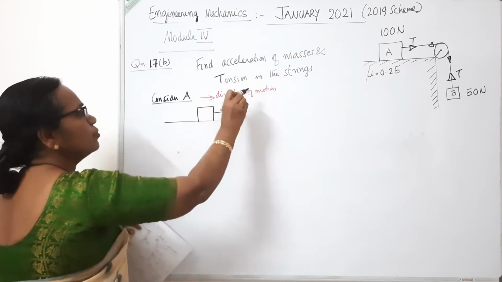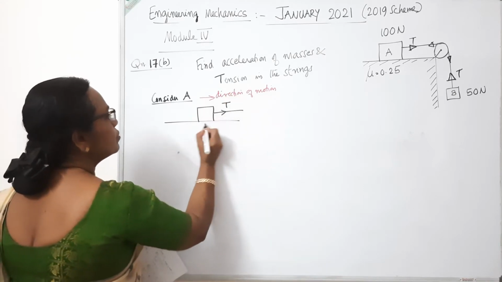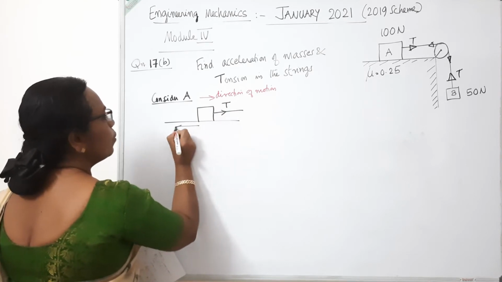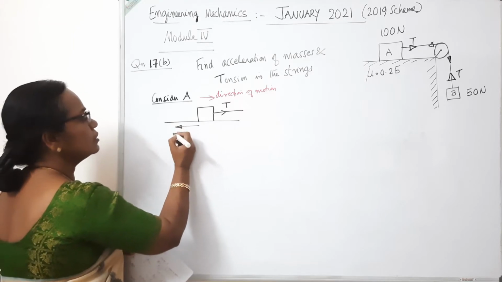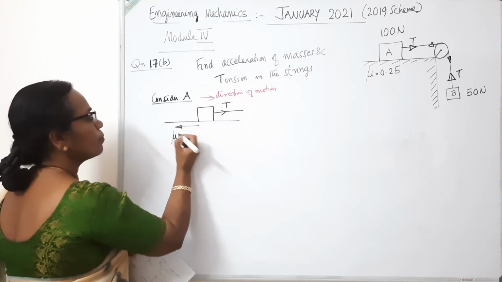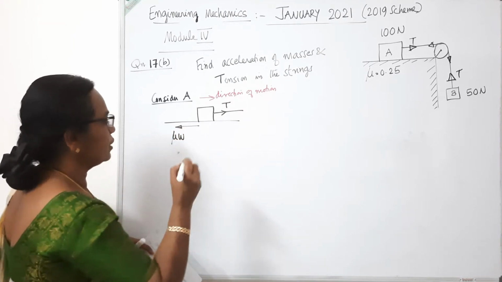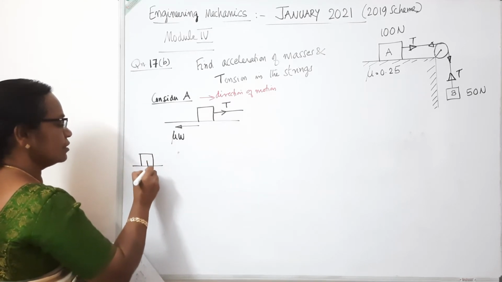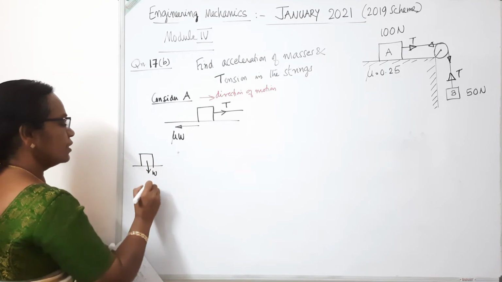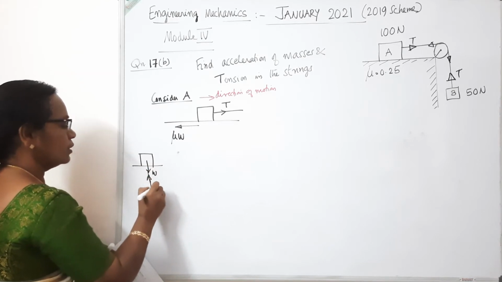Once it moves towards right, the frictional force will be acting opposite to the direction of motion. Frictional force is equal to mu R. We have seen earlier, when a body is resting on a plane, the self-weight acts downwards and the normal reaction acts upward.